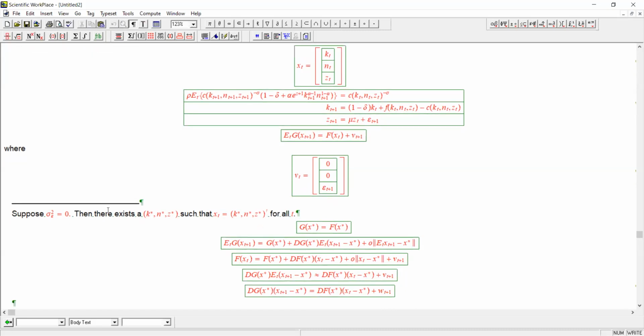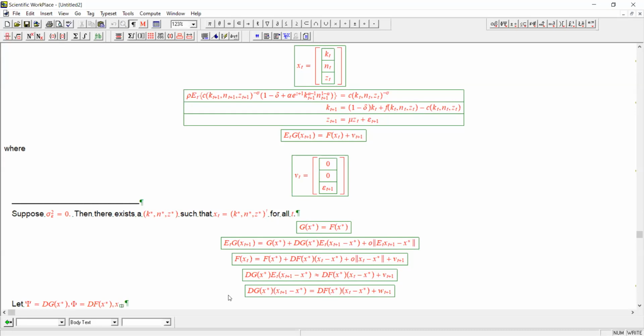Finally, we're going to introduce some notation to make this more compact. We're going to define a matrix psi, which is equal to this, the matrix of derivatives from g evaluated at x star. We're going to define a matrix big phi, which is equal to the matrix of derivatives from f evaluated at x star.